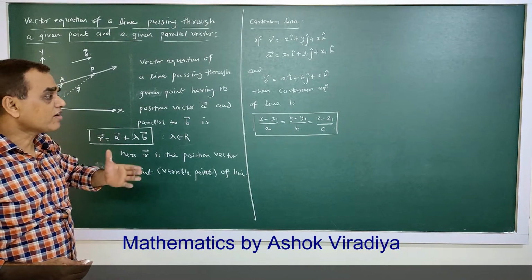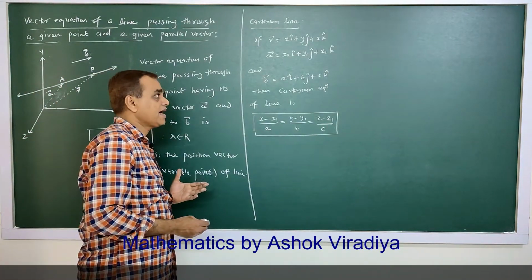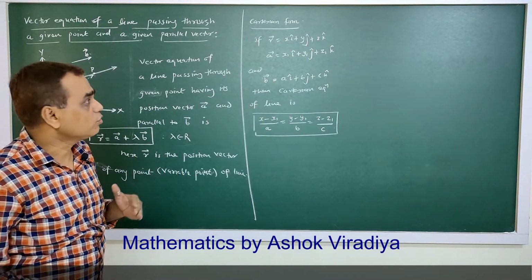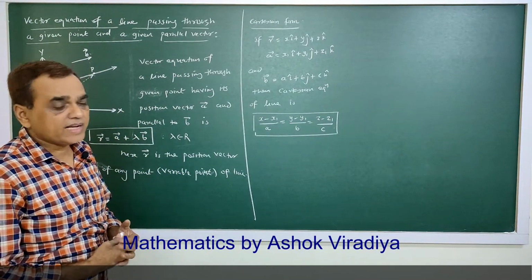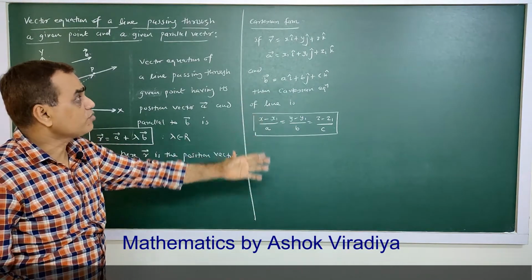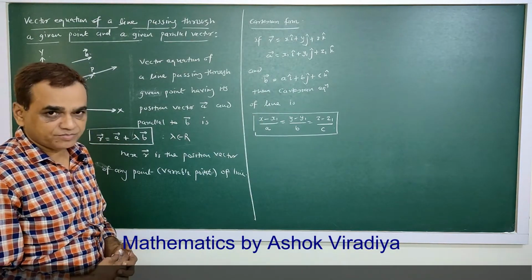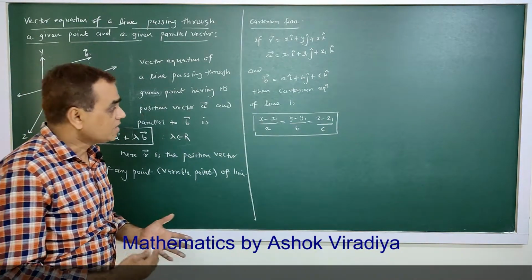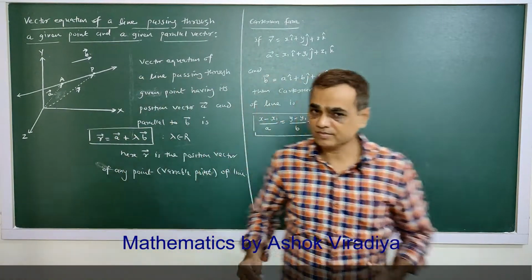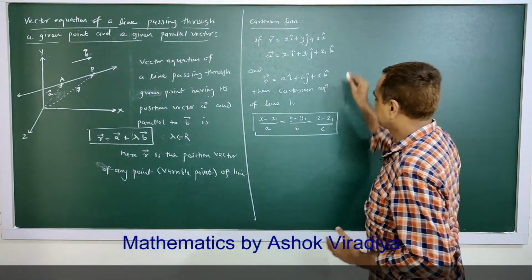If a point on the line is given and a vector parallel to that line is given, then using this formula we can find the Cartesian form. As an example, suppose I take one question.